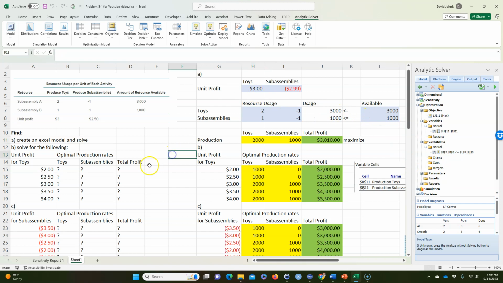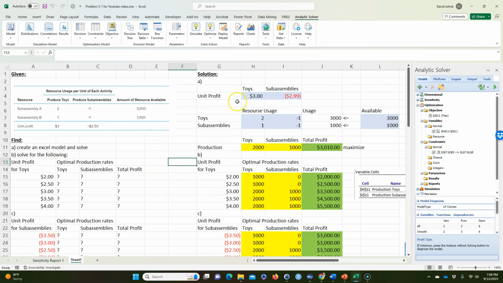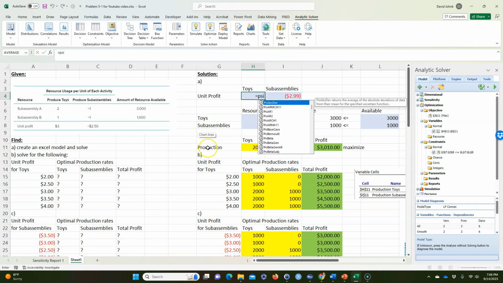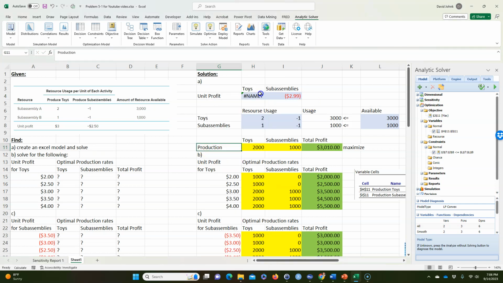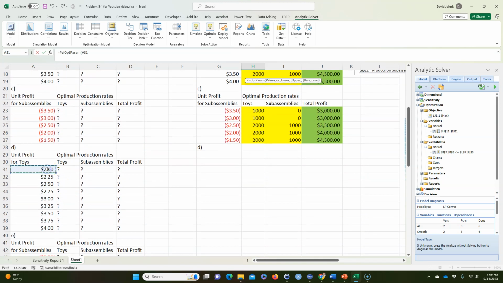But we're going to vary toys again. So I'm going to go here, and this only works if you've installed this program. I'm going to type equals PSI optimization parameter, and we're going to vary it from the low side of 2 to the high side of 4.